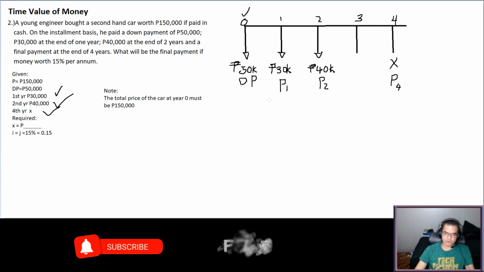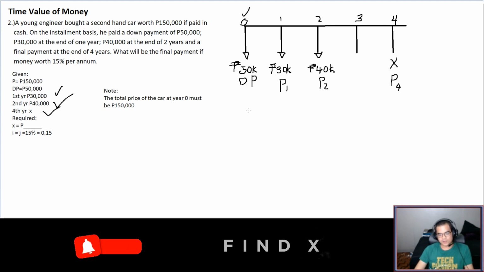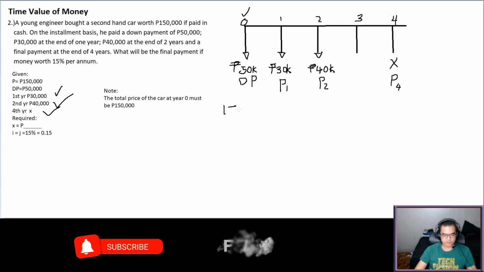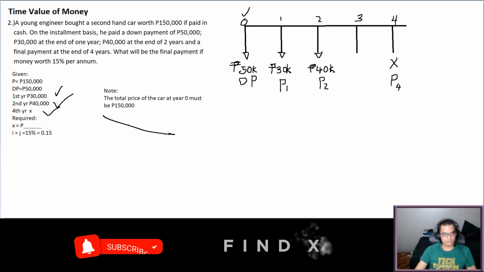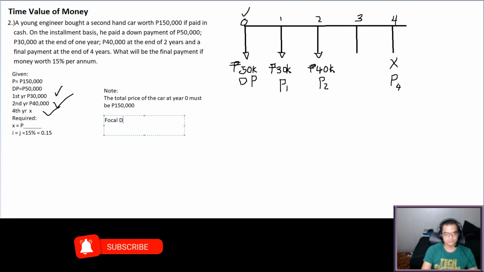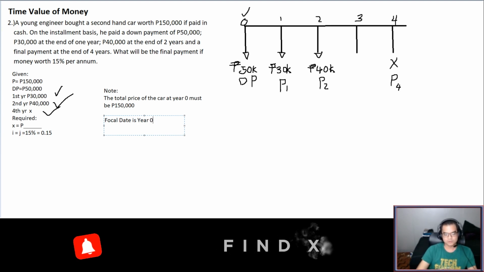In our earlier problem, I used F because we were going right, toward the future. Okay, so the focal date is year zero.